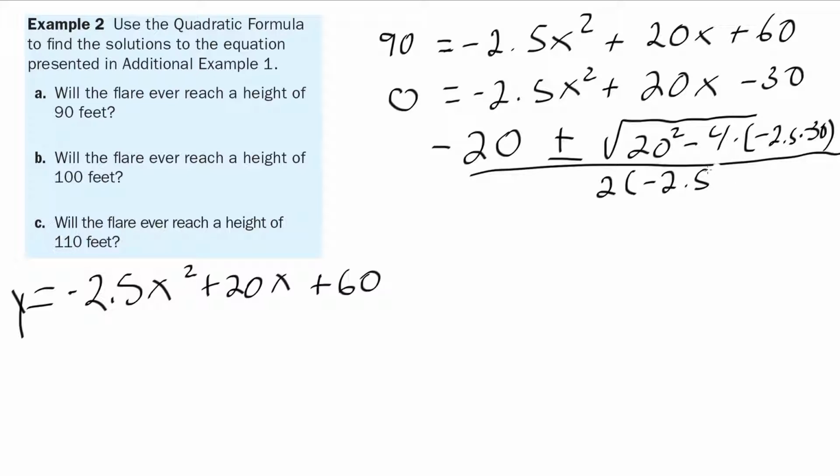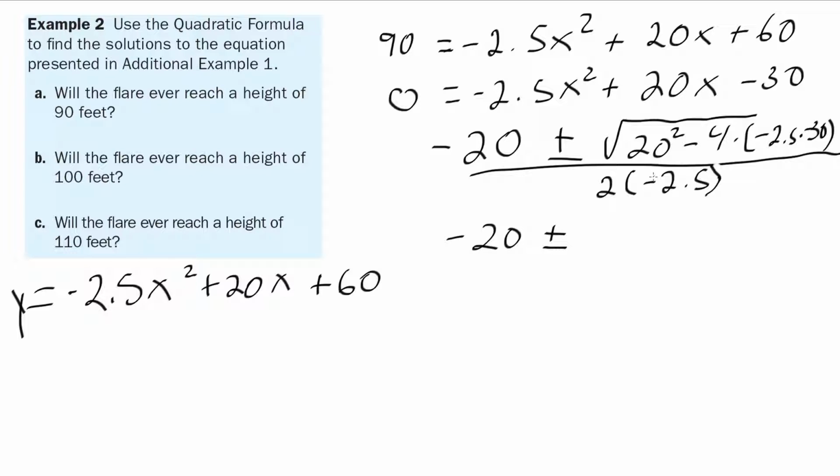Okay, so let's see what we've got for our calculation. We have a negative 20, and 2 times 2.5 is 5, right?